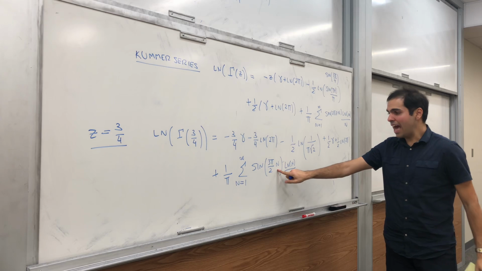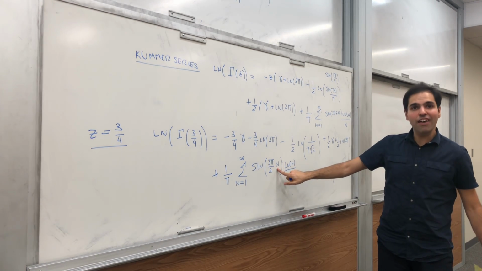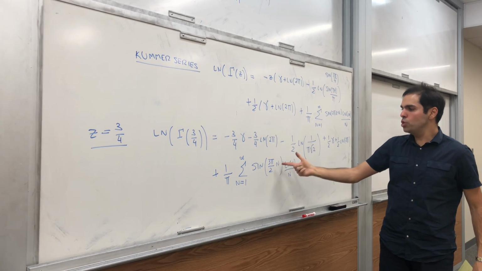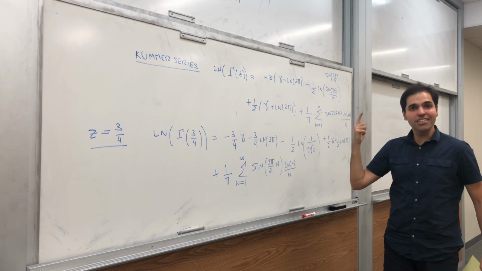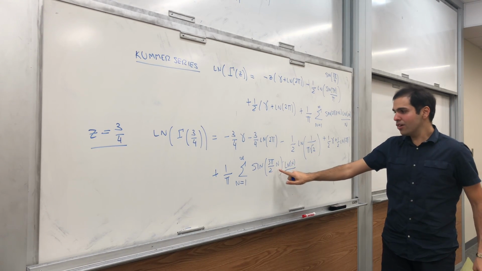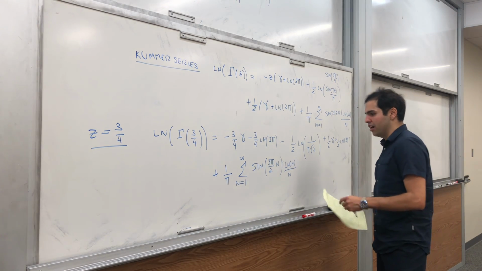And notice, what happens if n is even? If n is even, let's say of the form 2k, then this is sine of 3 pi k, which is 0. So in particular, we need n to be odd.